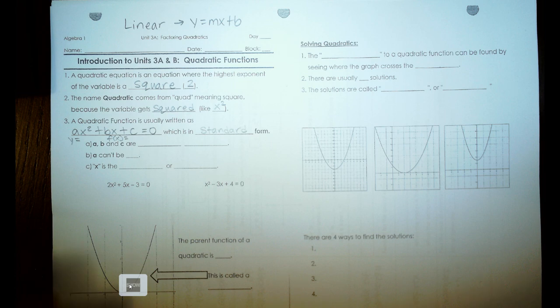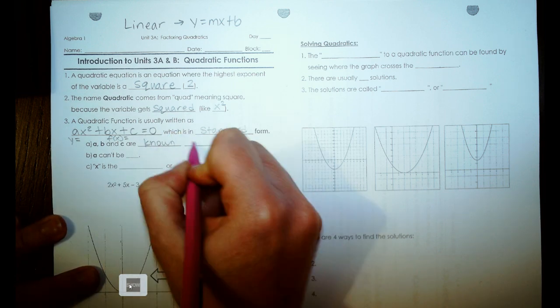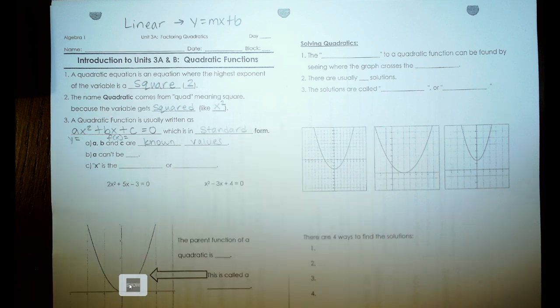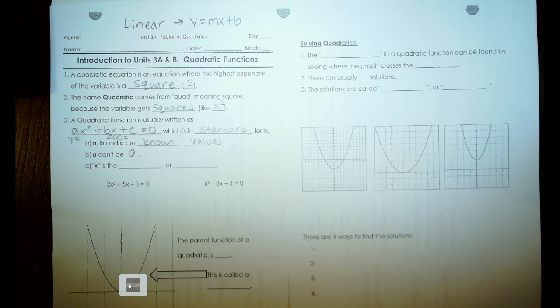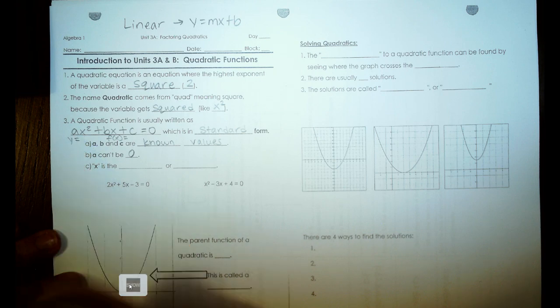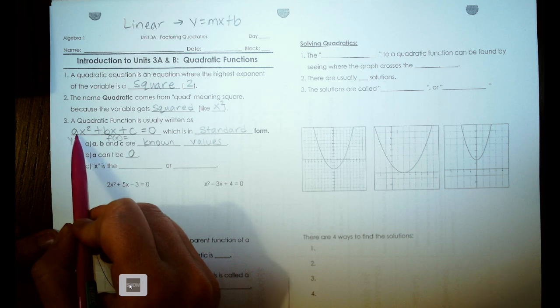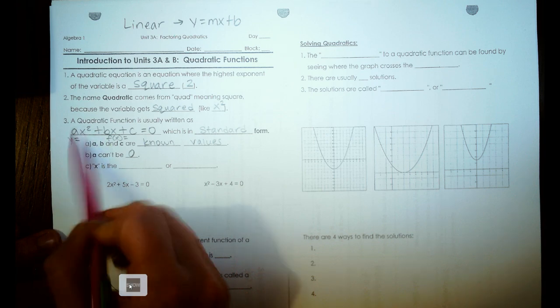A, b, and c are going to be known values, meaning those are going to be numbers. A cannot be 0. And think about that for a minute. Why would A out here in the front not be 0? Well, if A was 0 and you multiplied 0 by this x squared, that would make this whole term 0.